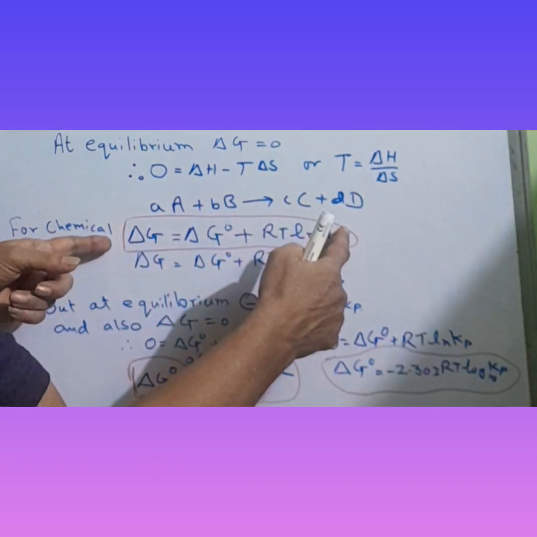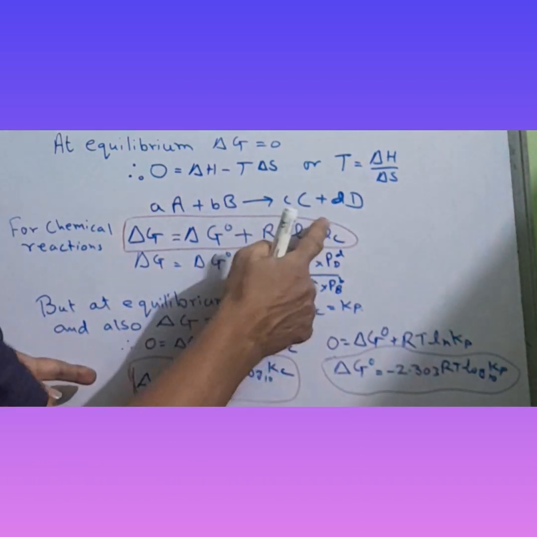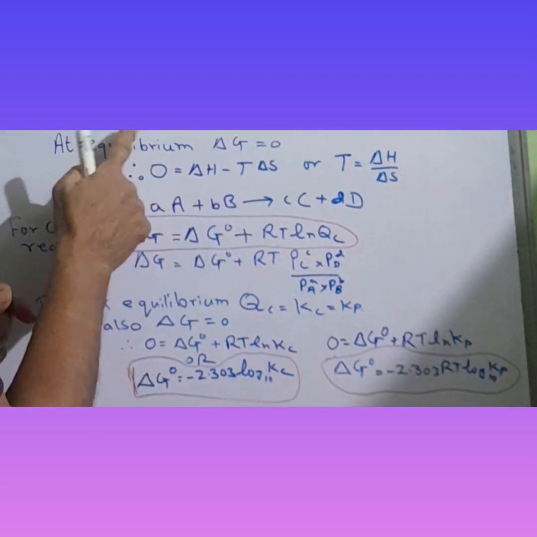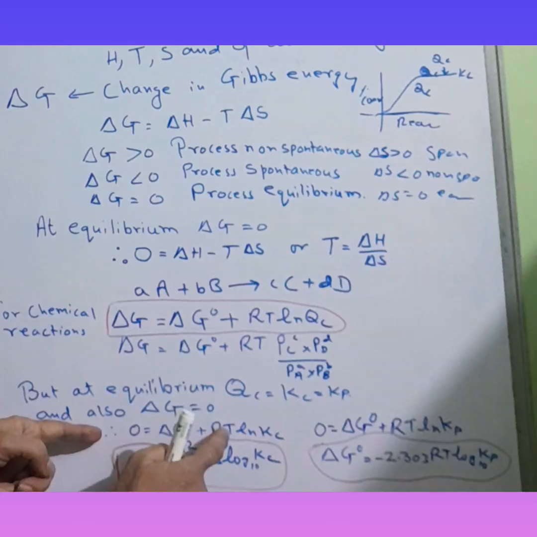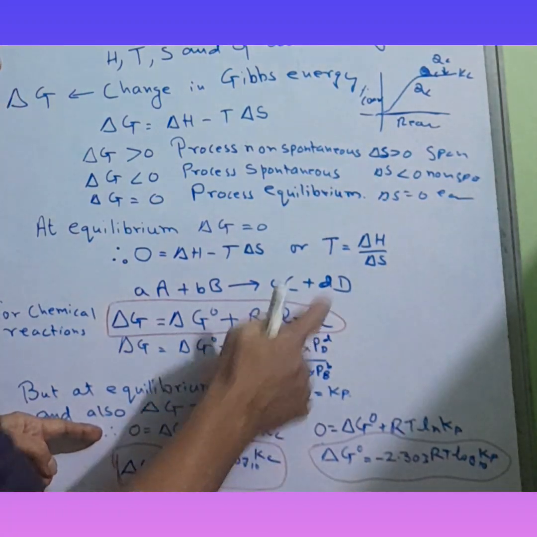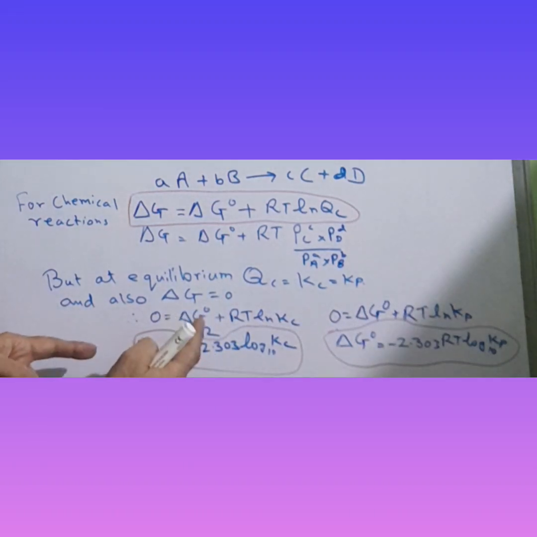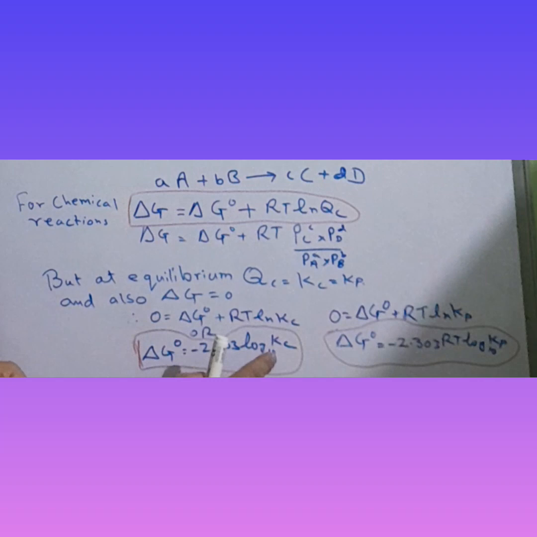Let's analyze this equation. At equilibrium we know del G is 0. So the left side becomes 0, del G0 remains as it is, and minus RT ln Kp instead of Qc, because it is in equilibrium. If I take it in terms of del G0, taking this to the other side, it becomes del G0 equal to minus RT ln K. But I want to get it in terms of log to the base 10, so I've got to multiply by 2.303 to convert ln to log to the base 10.